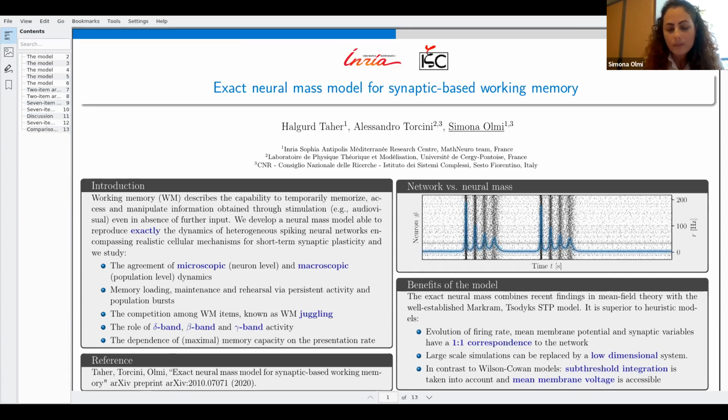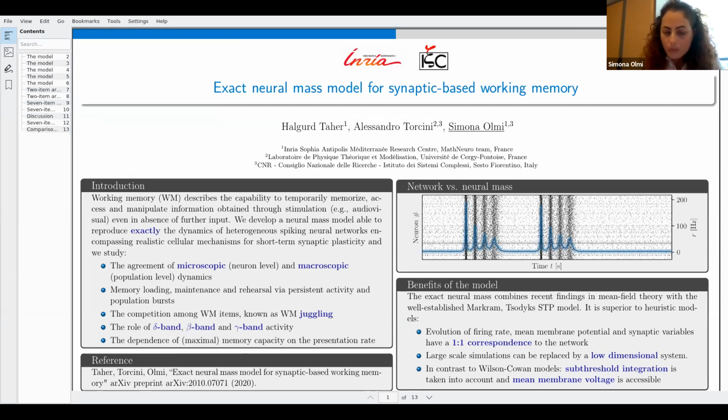So let me say the take-home message of this talk: we can have some benefits from this model because I'm going to show you that we combined the exact neural mass model that comes from recent findings in mean-field theory with the well-established short-term plasticity model developed by Tsodyks, Markram, and co-authors.